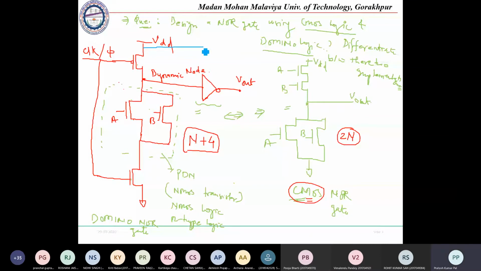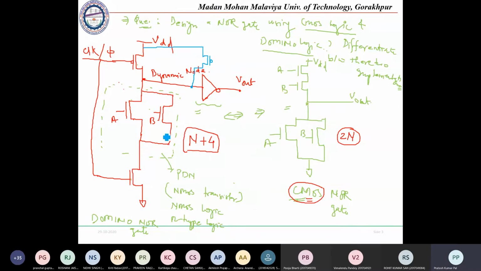This PMOS transistor will be connected at this dynamic node, because in charge sharing, whatever voltage is available at the dynamic node gets shared between the capacitance at this node and the capacitance at any node where a particular transistor is on.